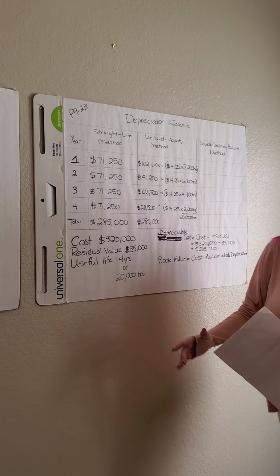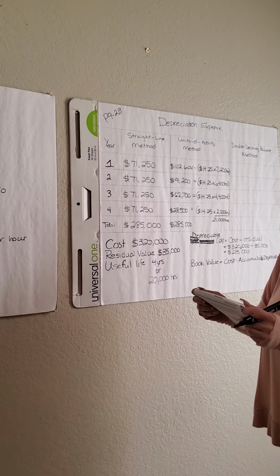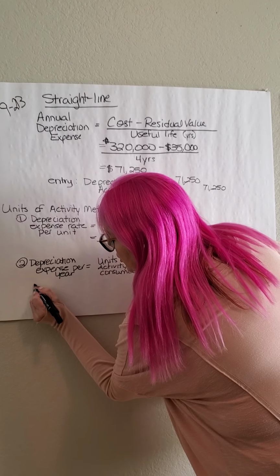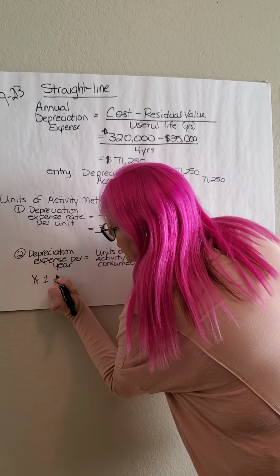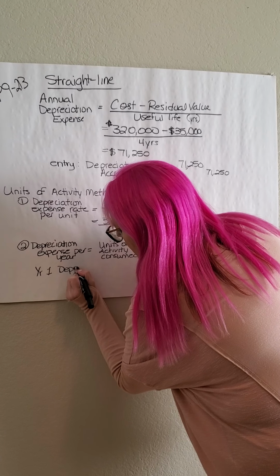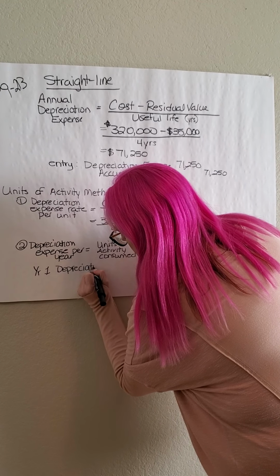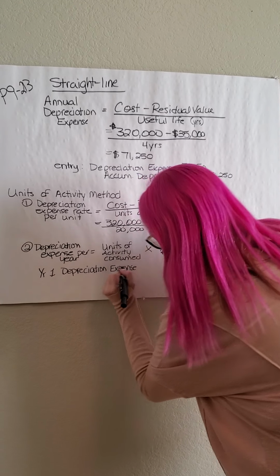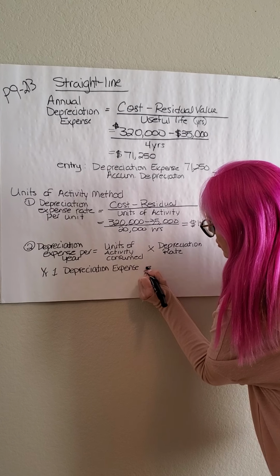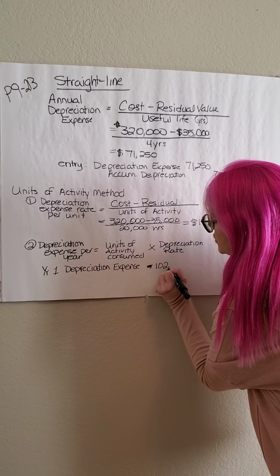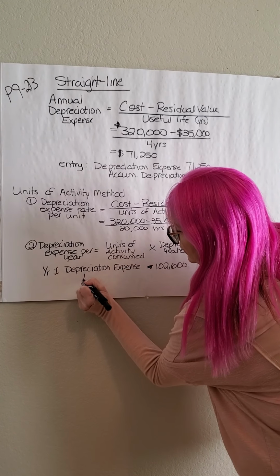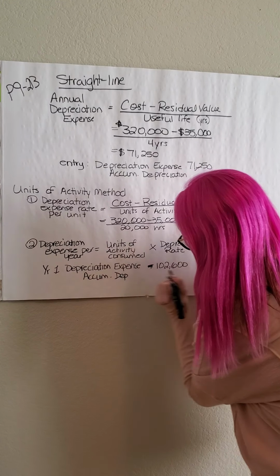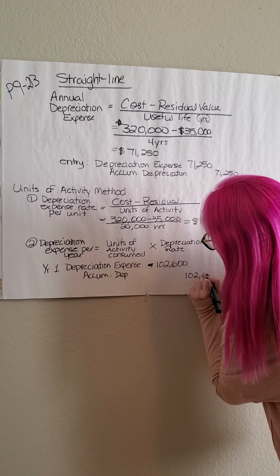So if I just do year one, our entry is depreciation expense of 102,600 debited, and accumulated depreciation 102,600.